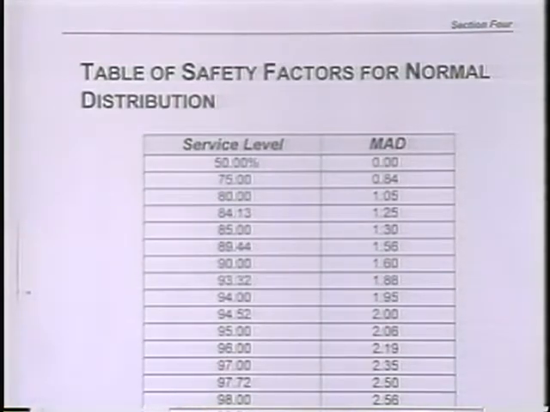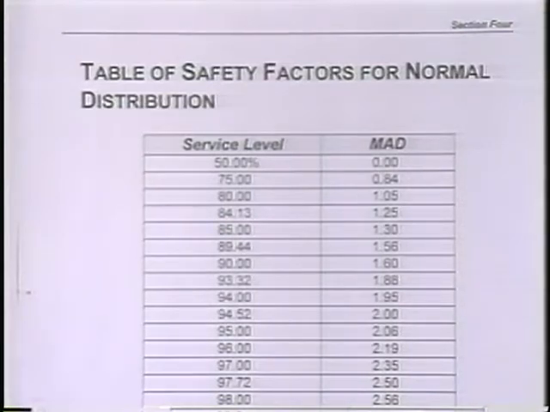That's telling us that statistically you can never have 100% service on a continual basis. There's always going to be either an unplanned order or an unplanned requirement, or the vendor may not ship within the lead time that is specified in the order point formula.